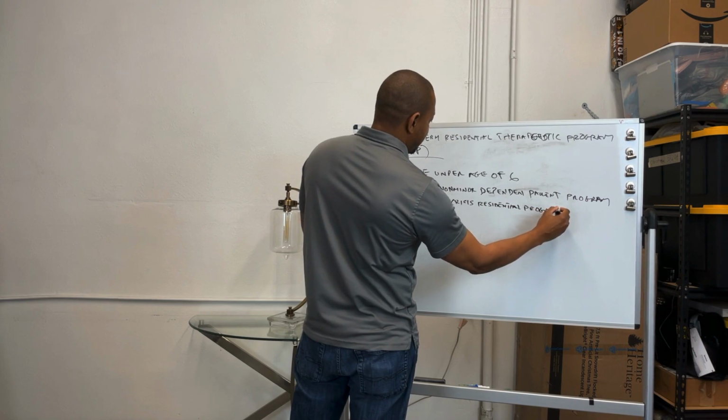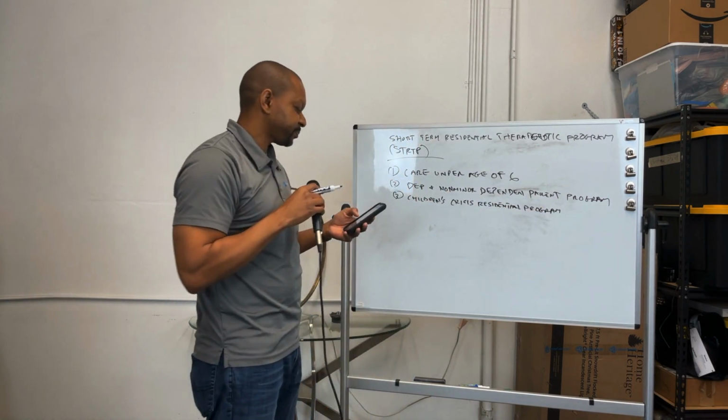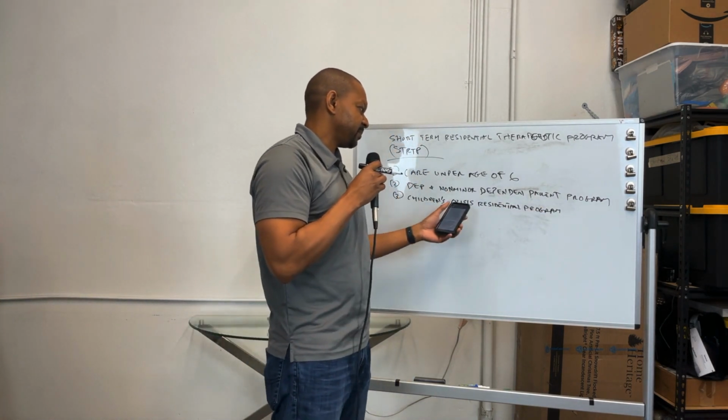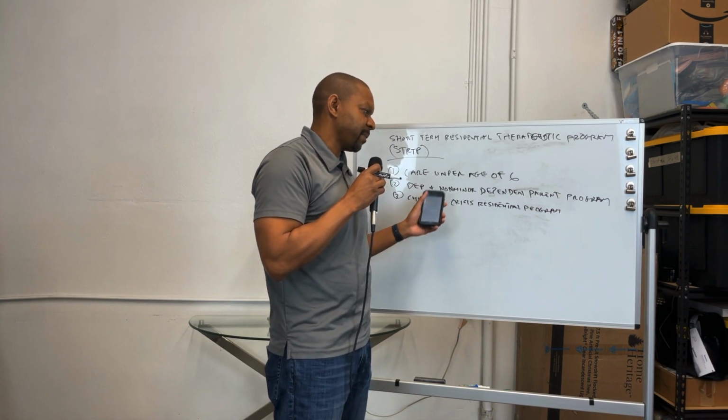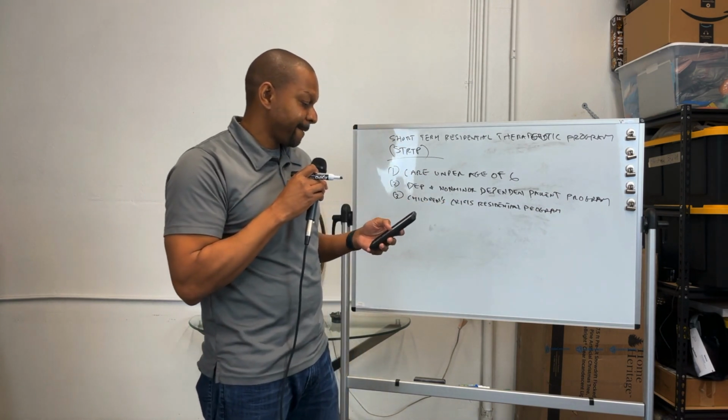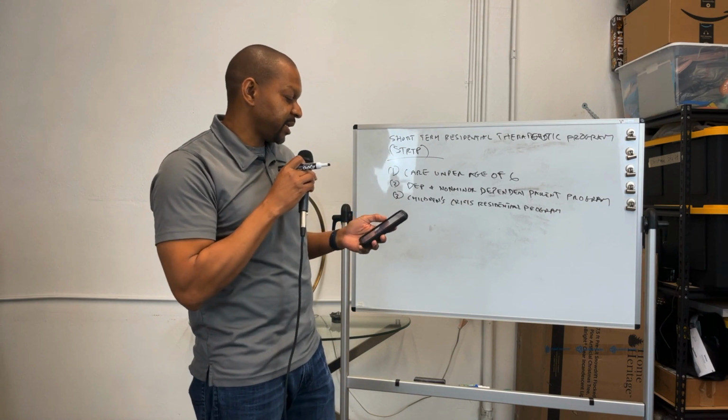This last one may be the most common that you see, and this last one is most likely the one that most people want to open as well. So what is a Children's Crisis Residential Program?